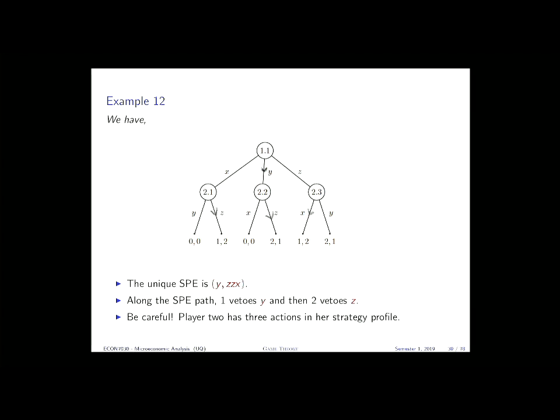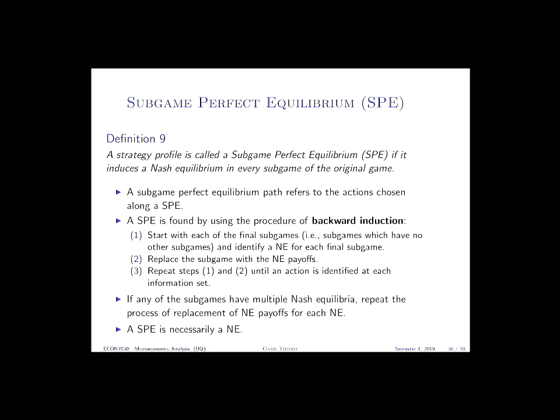One last thing that I wanted to tell you before we go to the next example is a subgame equilibrium path. I think I missed it in this slide. The subgame equilibrium path refers to the actions chosen along the SPE. Okay?